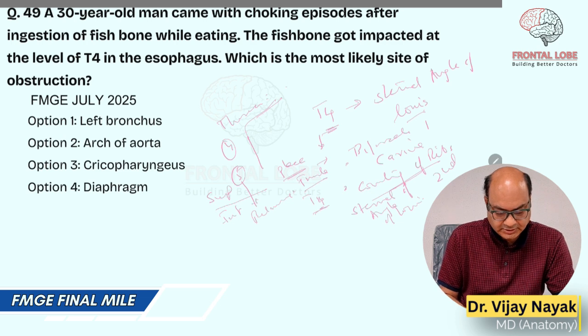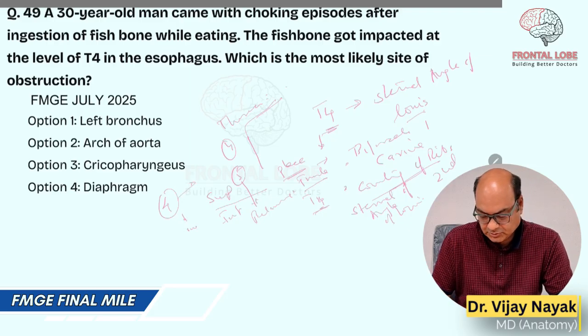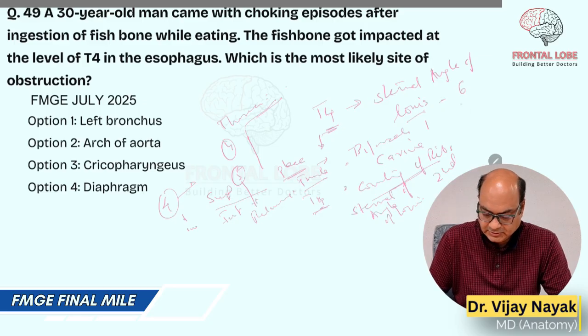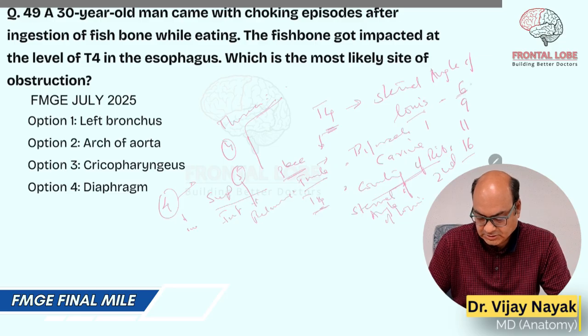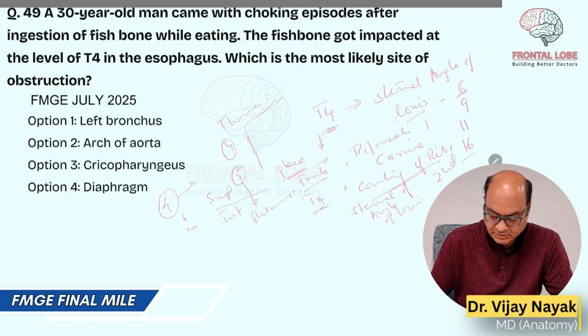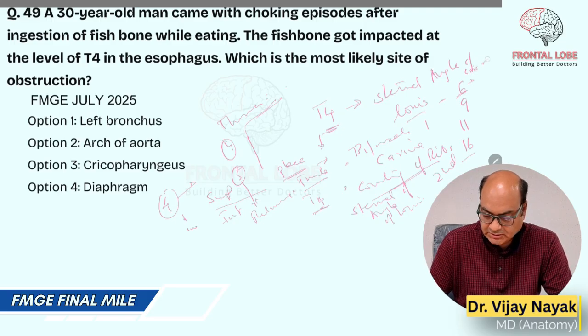Now an important thing is that you have to know there are 4 constrictions of the esophagus, and they are measured from the level of the incisors. You can remember them in inches: 6 inches, 9 inches, 11 inches and 16 inches. The first constriction, 6 inches from the incisor, is known as the cricoesophageal junction.